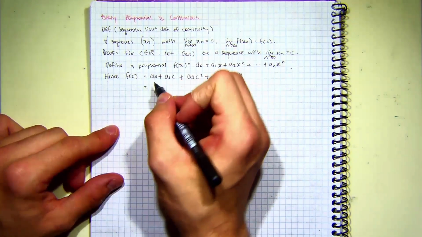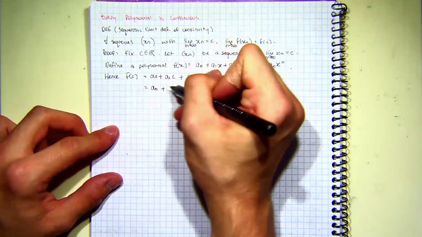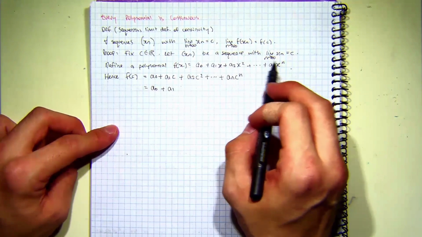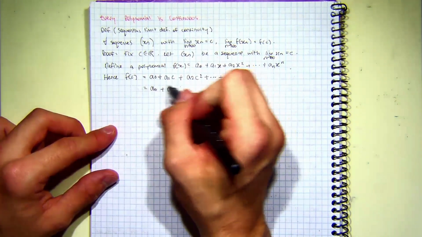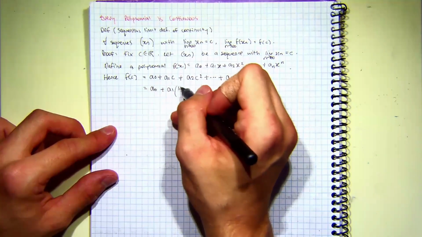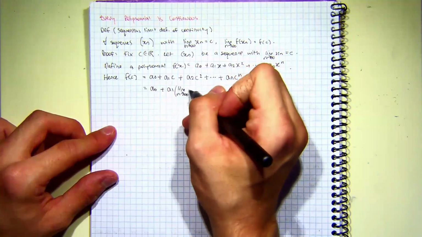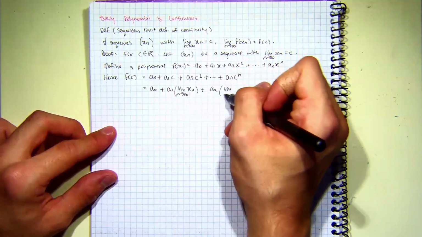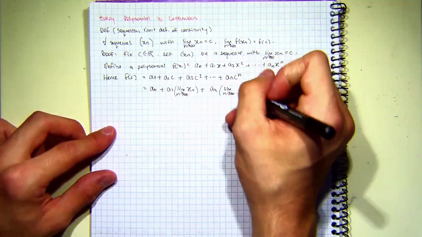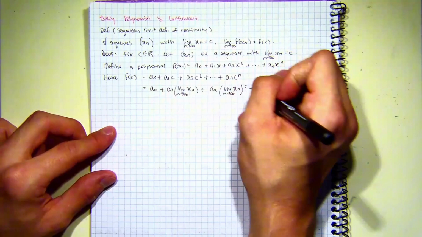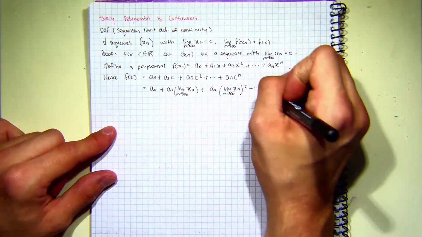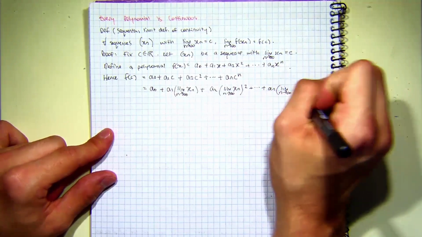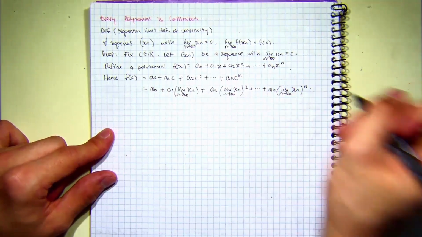So then this will become a0 plus a1, from the fact that c is equal to the limit as n approaches infinity of xn. We can say that this is a1 times the limit as n approaches infinity of xn, plus a2 times the limit as n approaches infinity of xn squared, plus the rest up to an times the limit as n approaches infinity of xn to the power of n.